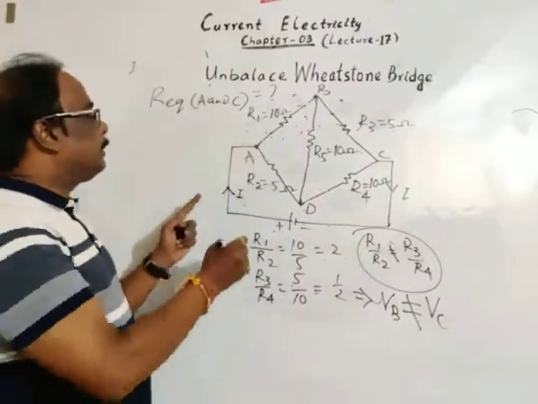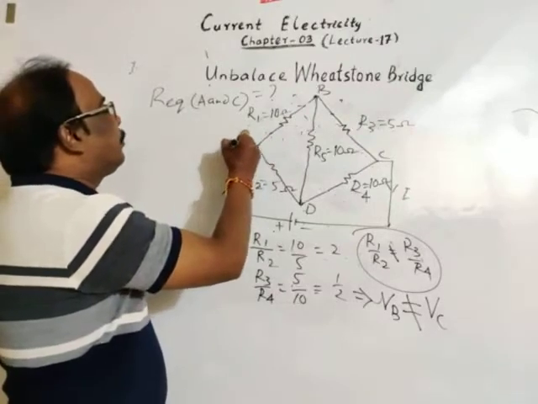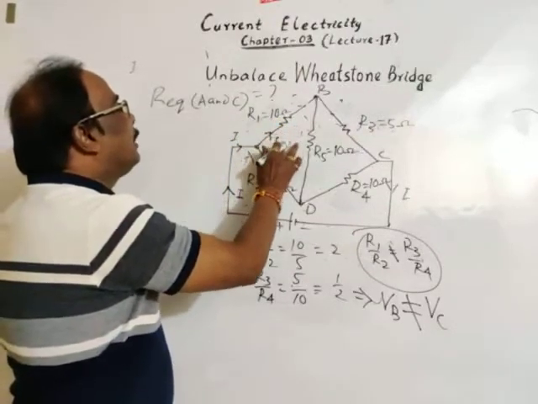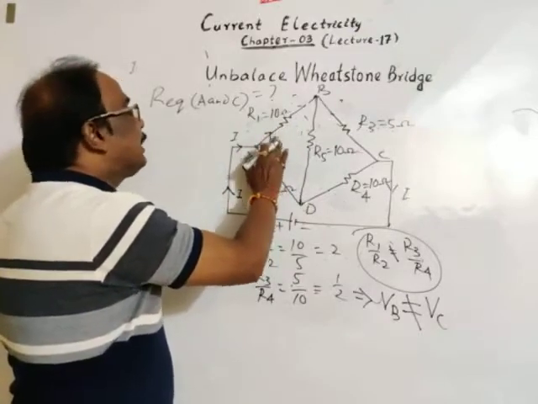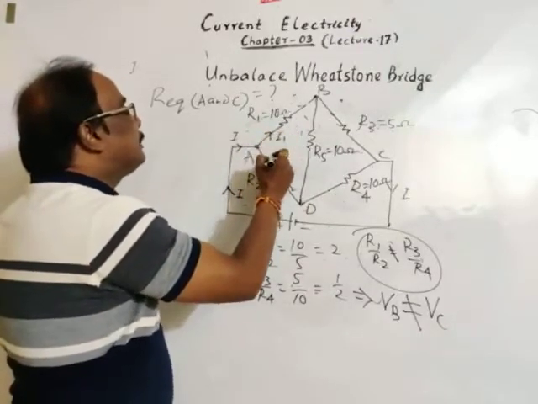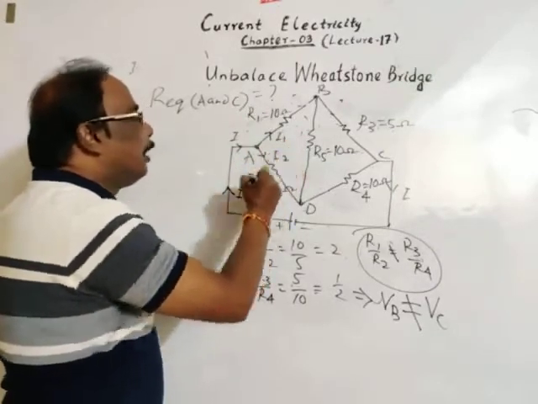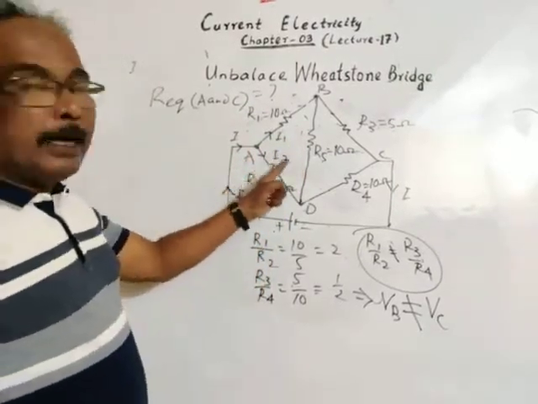From this junction, total current I is divided into two branches. Through resistance R1, let current be I1. Through resistance R2, let current be I2.